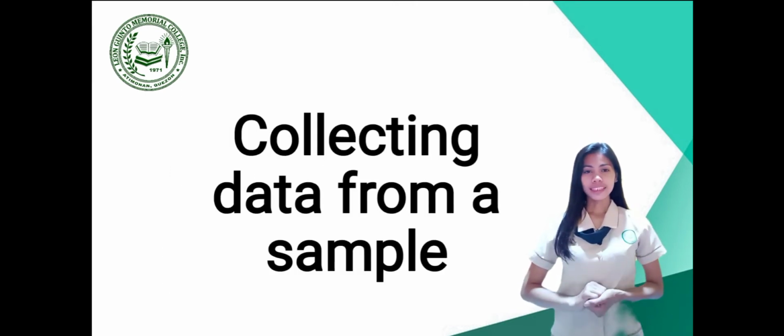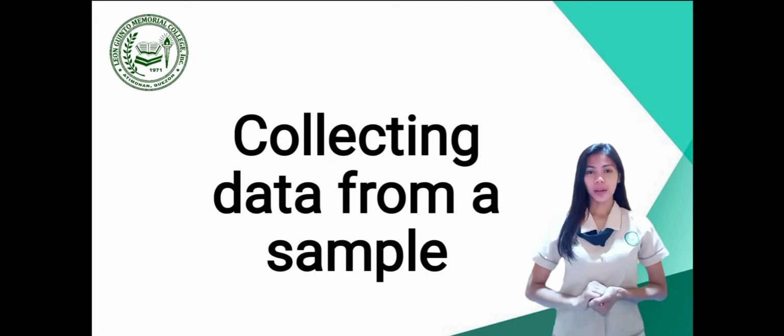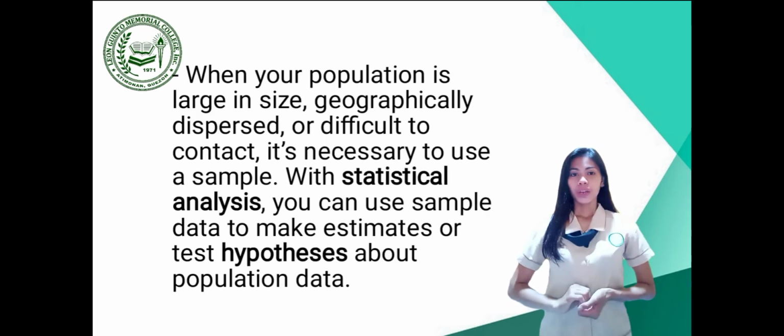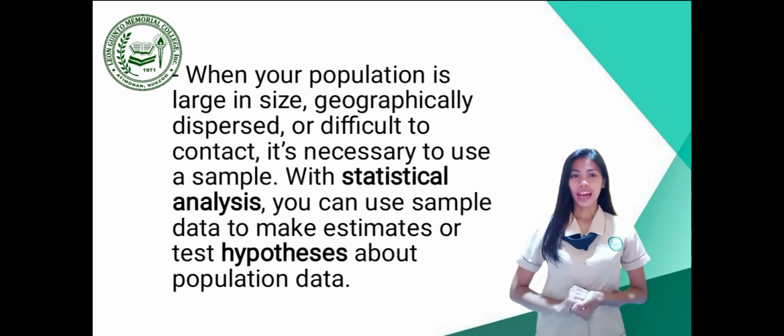The next is collecting data from a sample. When your population is large in size, geographically dispersed, or difficult to contact, it's necessary to use a sample with statistical analysis. You can use sample data to make estimates or test hypotheses about the population data.